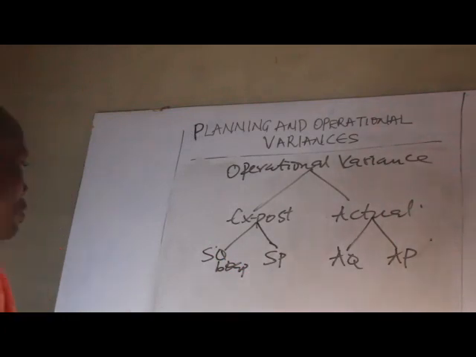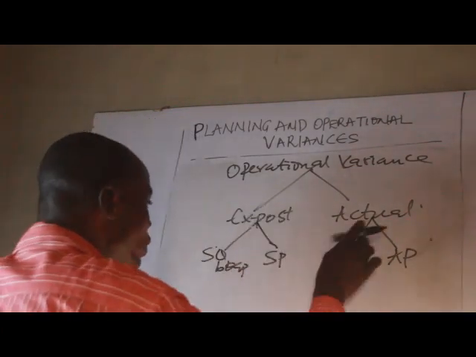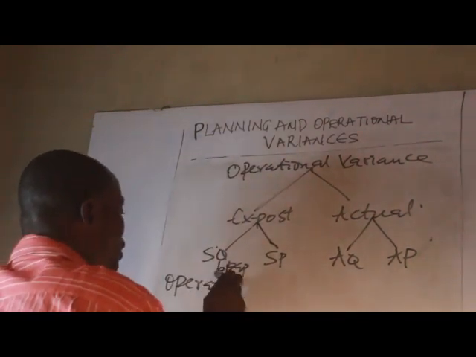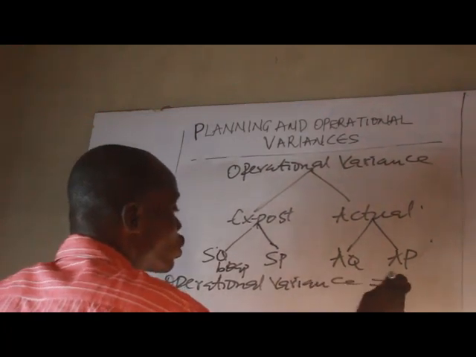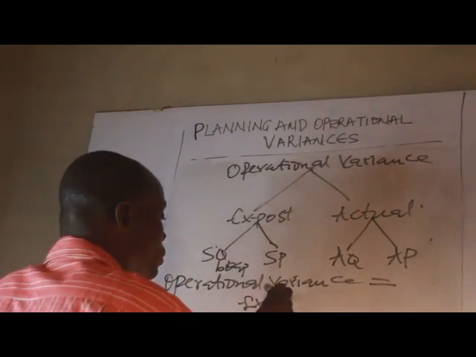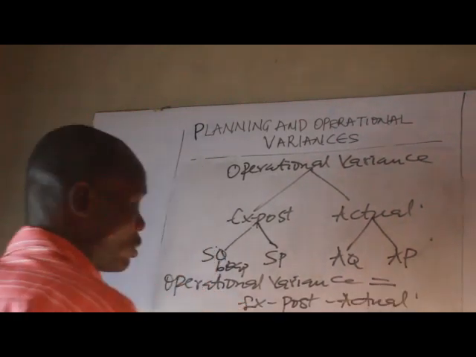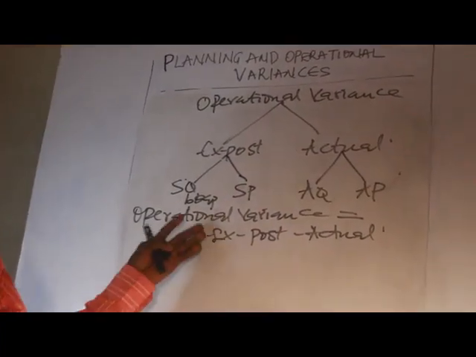So you want to compare the ex post with actual. That means operational variance equals ex post minus actual. Ex post minus actual equals operational variance.